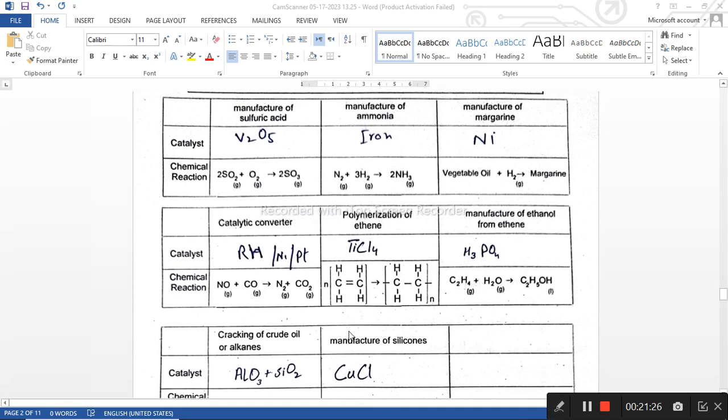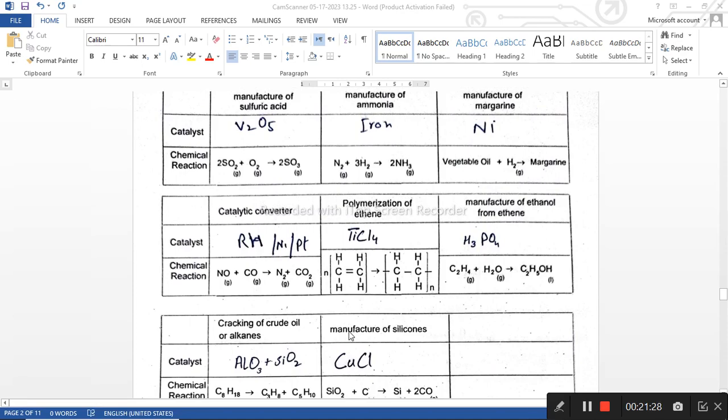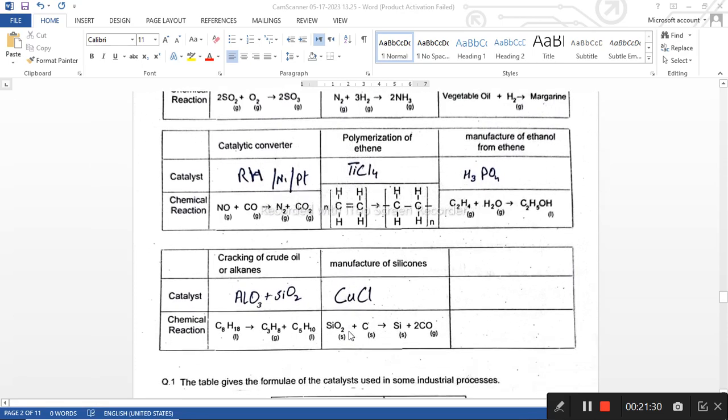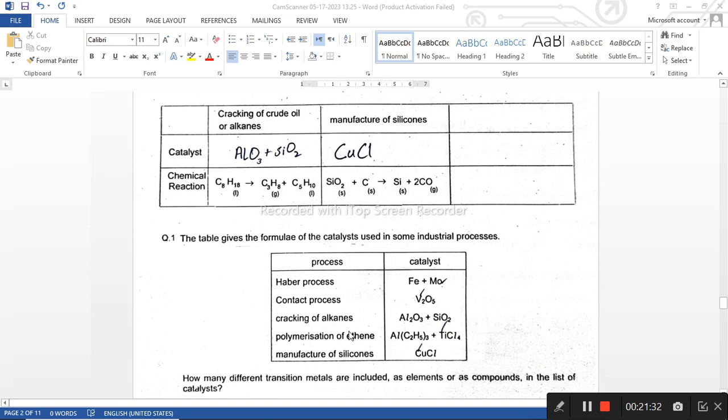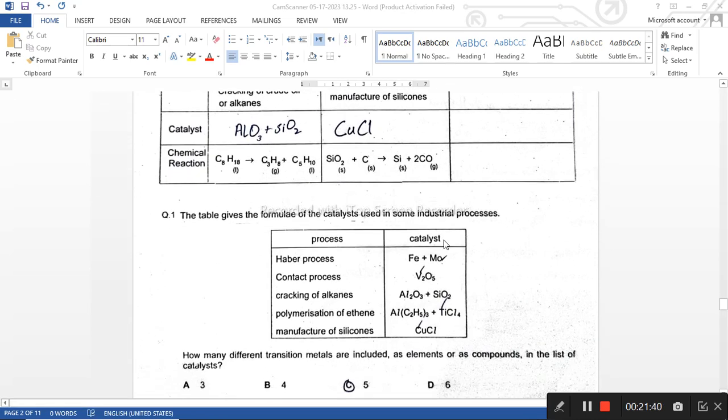You have to remember all these catalysts, nothing else. So here is a past paper question. The table gives the formula of catalysts used in some industrial processes. The question is how many different transition metals are included, as elements or as compounds, in the list of catalysts.